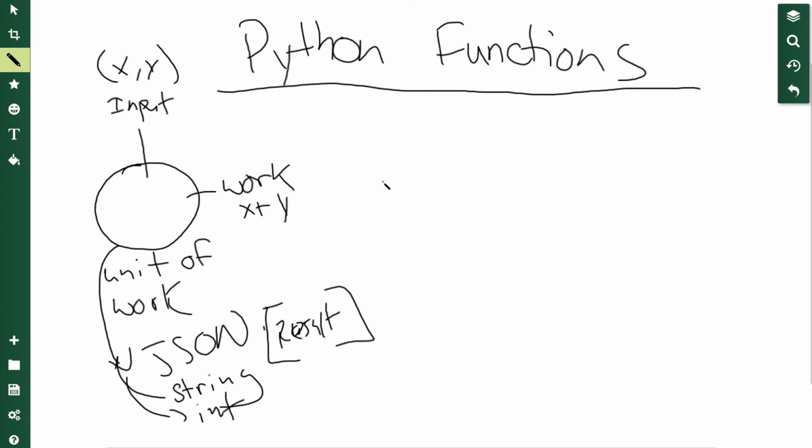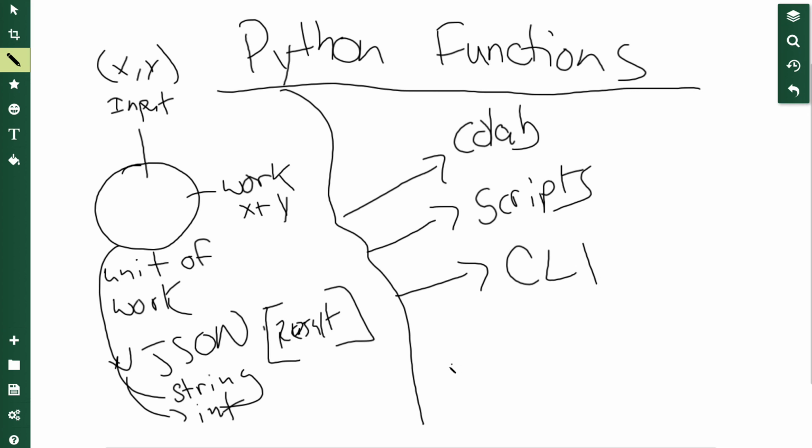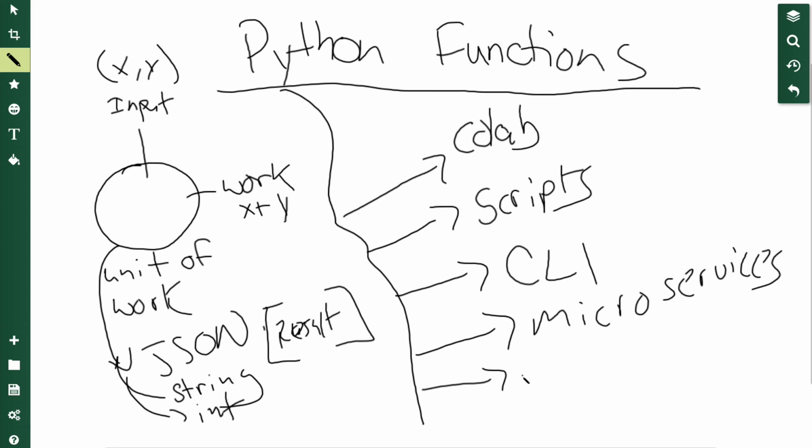You can maybe summarize this and say you can use Colab. That's a target. You can build scripts. That's a target. You can build command line tools, right? That's a target. You can build microservices. That's a target. We didn't really get into this too much, or even at all, but you can also build apply functions, for example.